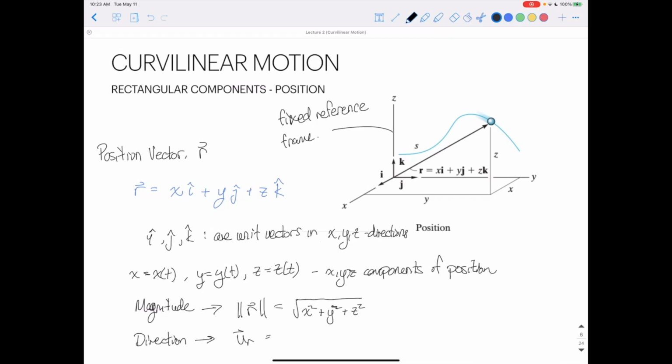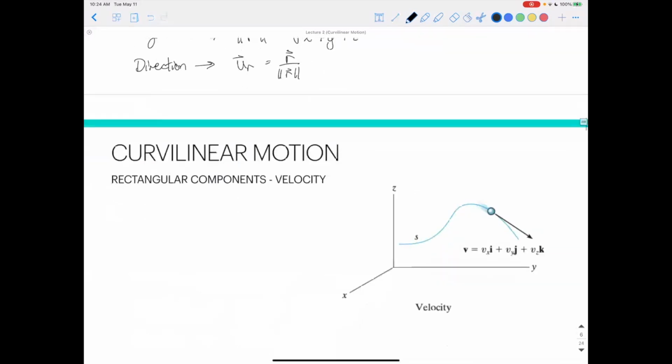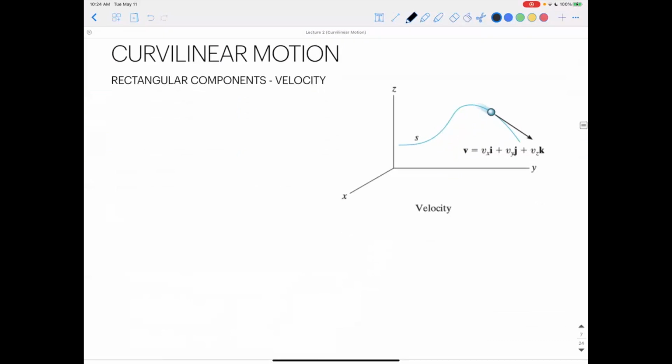And that is equal to our vector r divided by the magnitude of r. So that's position.